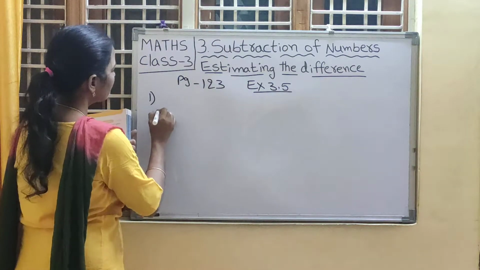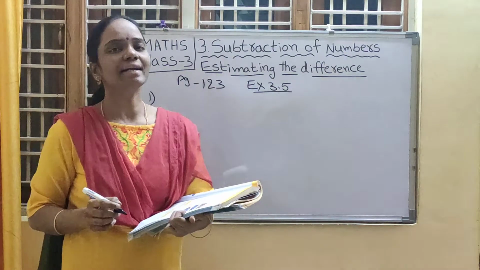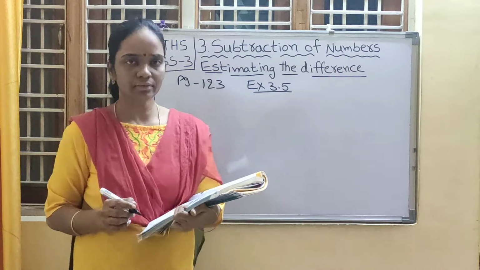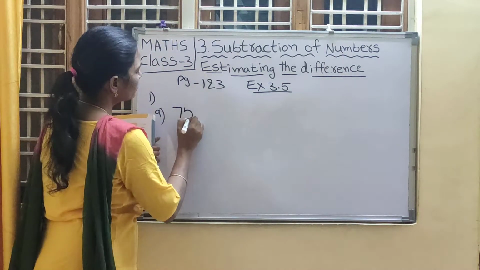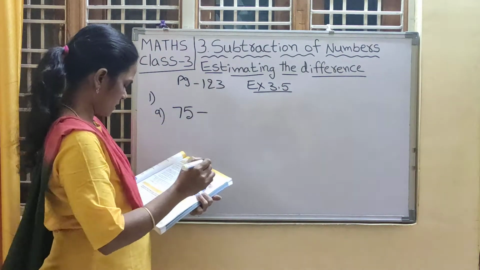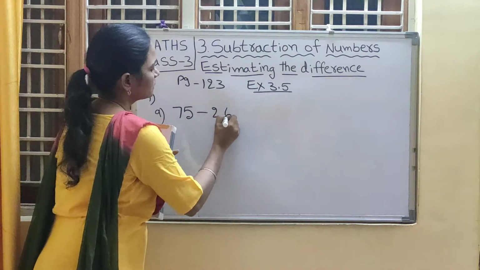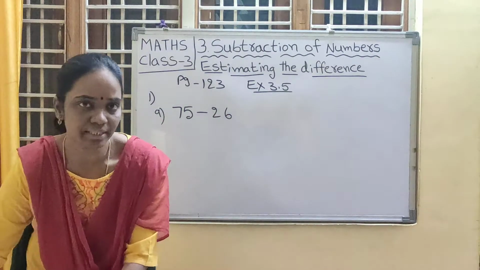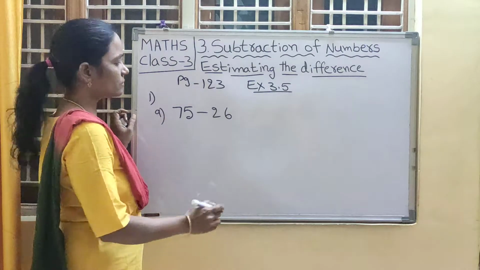First bit A1 I am doing. I am going to find the estimated difference and actual difference. 75 minus 26. What is the estimated difference and actual difference?